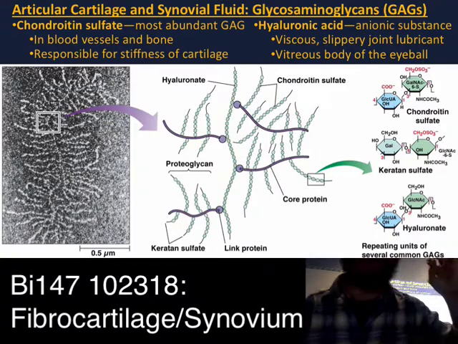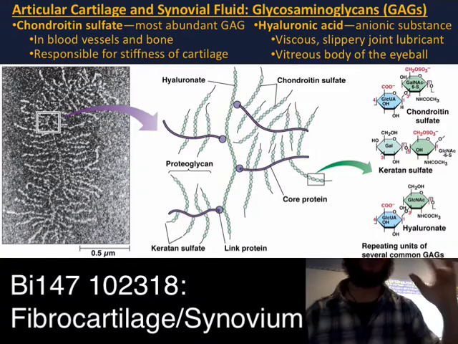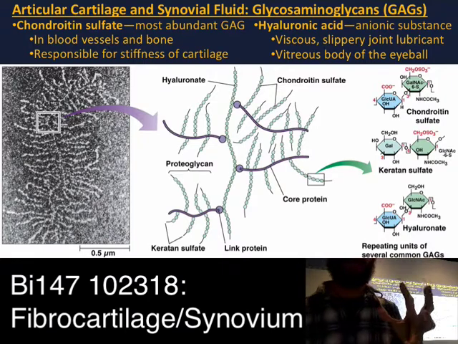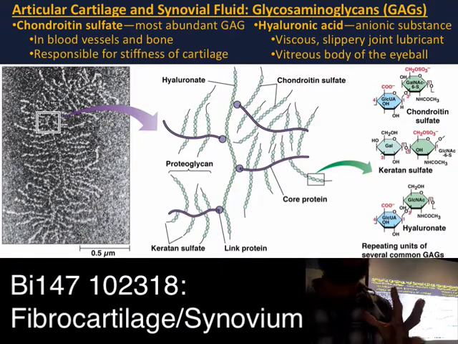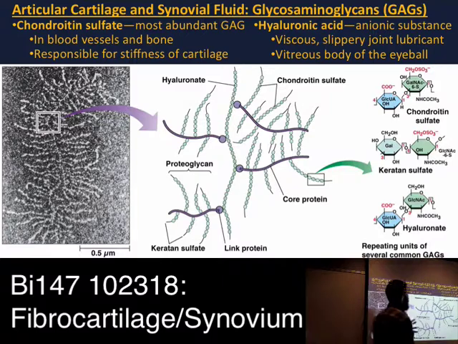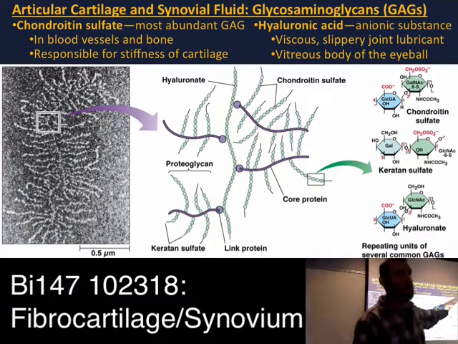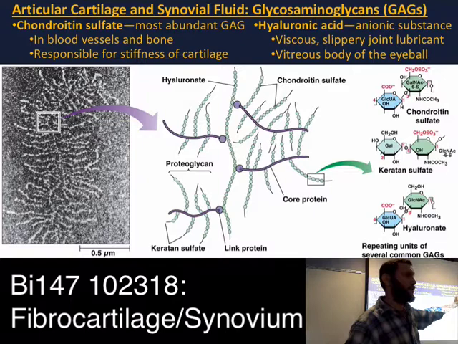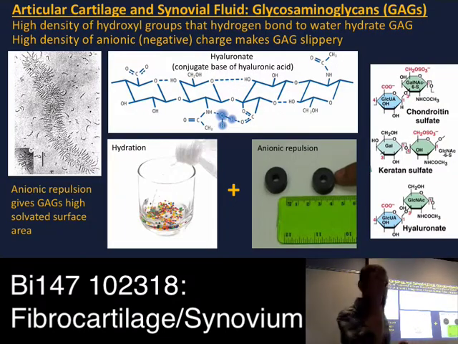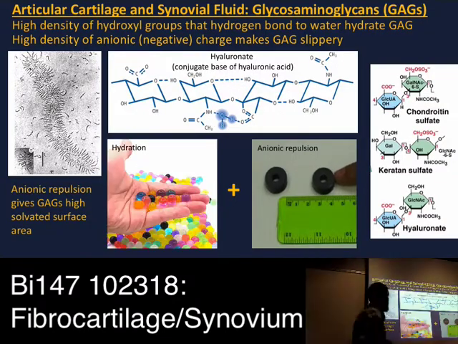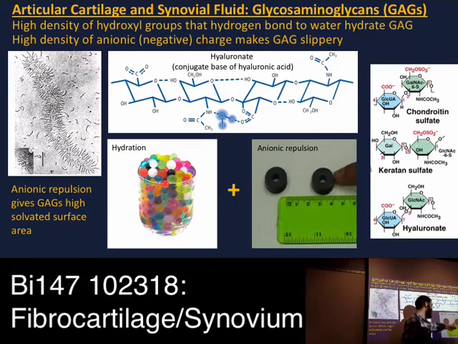They love to be in solution. They're super hydrophilic. They hold water very strongly. But more importantly, with all of those negative charges on them, do negative charges like each other? No. So there's a lot of anionic repulsion.